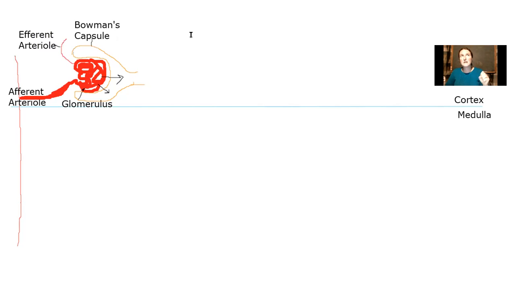We can talk about the concentration of everything in these different fluids by saying collectively how many what are called milliosmoles are within these fluids, right? And so the actual numbers themselves aren't critically important. The units themselves aren't critically important, but I'm going to tell you that the concentration of solutes, of stuff inside the blood and inside the cortex of the kidney is going to be about 300 milliosmoles.